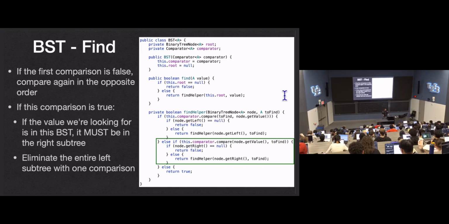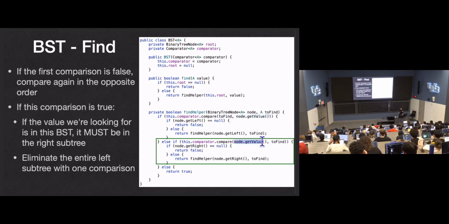We're going to swap the parameters. If we say, does this come before this, and it returns false, it's either that this comes after this, or it's a tie. So to figure out if it's a tie, we swap the arguments. Does this come strictly before this? And if it says no again, that means we've got ourselves a tie. So we say, is the value I'm looking for strictly before the value at this node?